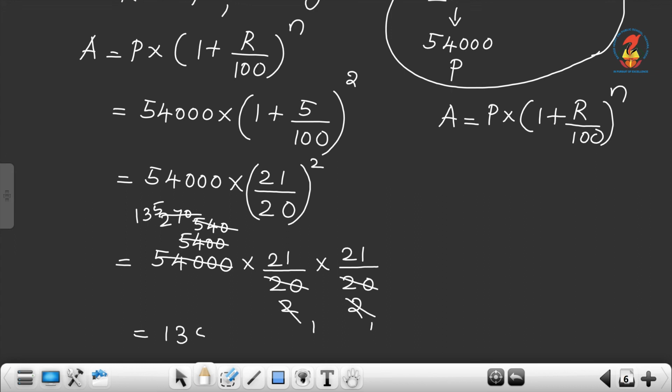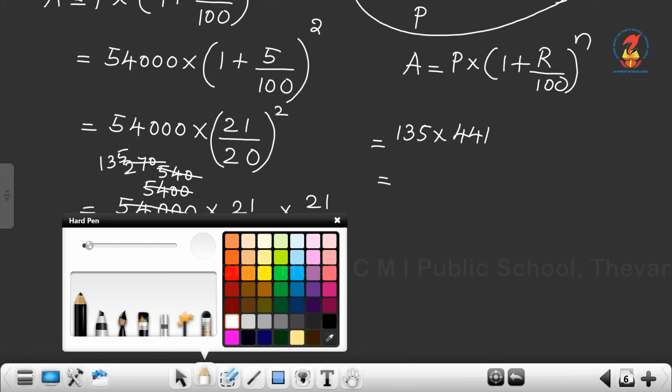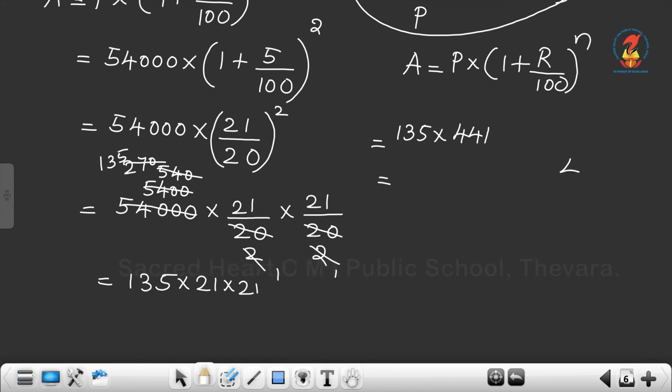So 135 into 21 into 21. So 21 into 21 is 441. So 441 into 135.